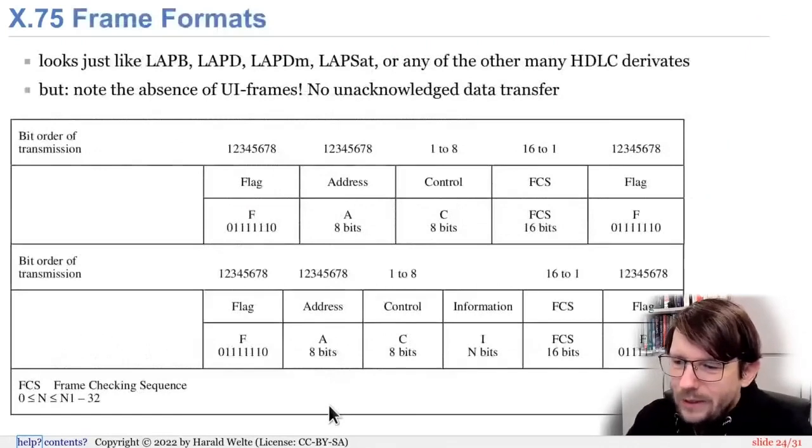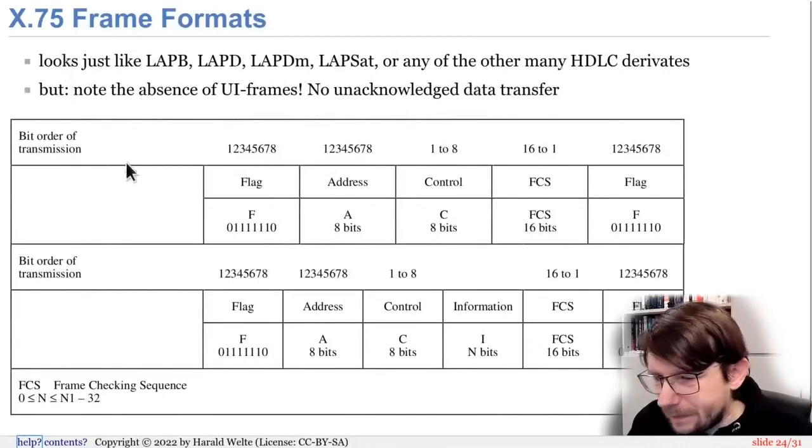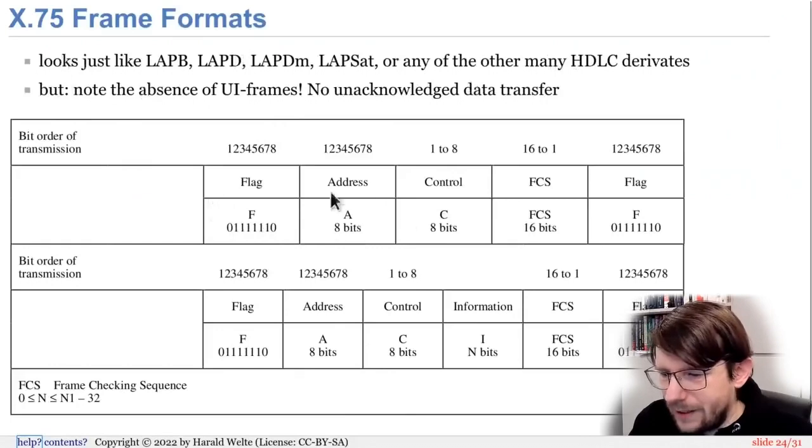So what do the frames actually look like? As I said, it's like all of these HDLC-derived protocols. We have the flag octet, we have an address octet, a control octet, then an optional information part. So this is the short frame situation where there's no information part. It's only address and control. And the bottom shows the long frame format.